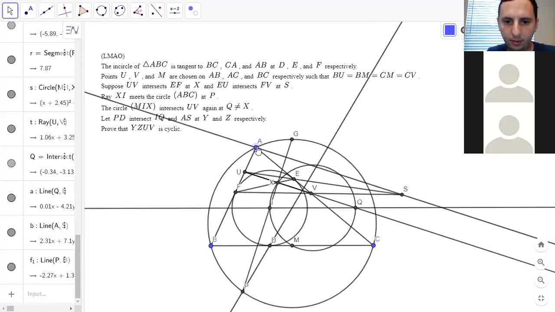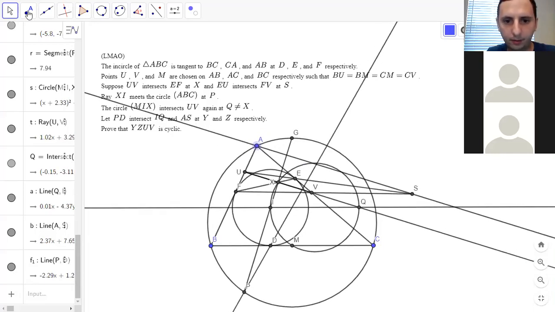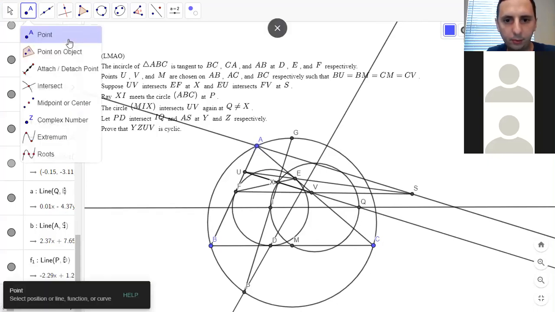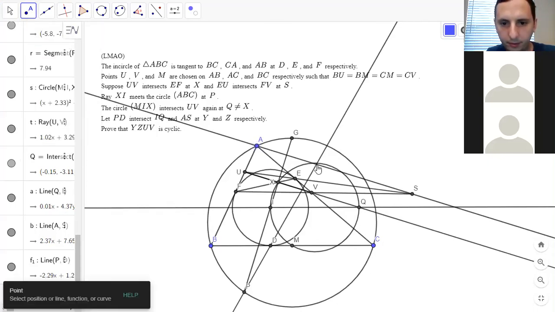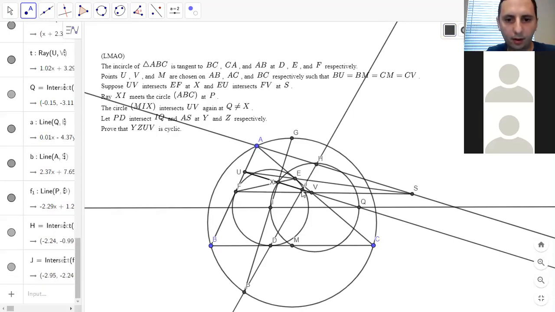So PD, we want it to intersect UV and AS. Is UV parallel to AS? It almost looks like it. So it intersects IQ. Oh, whoops. I want this point right here.